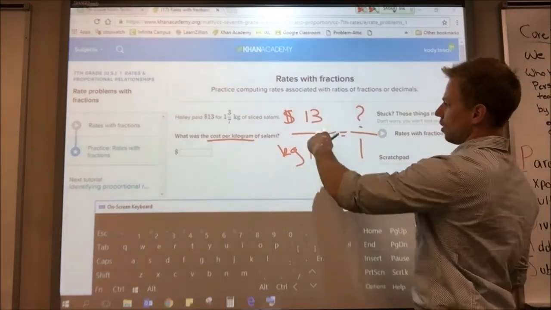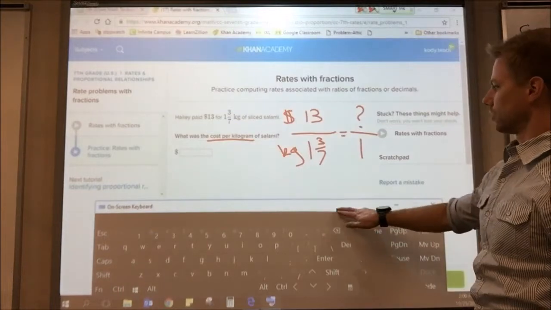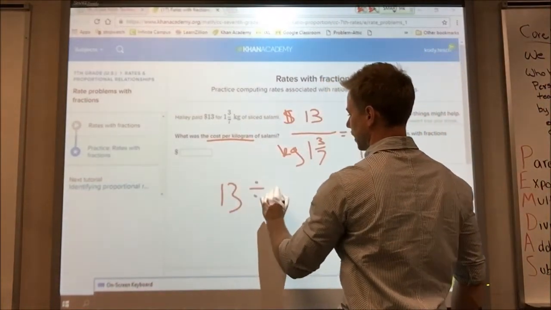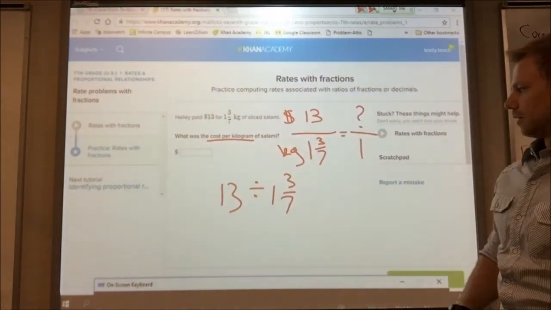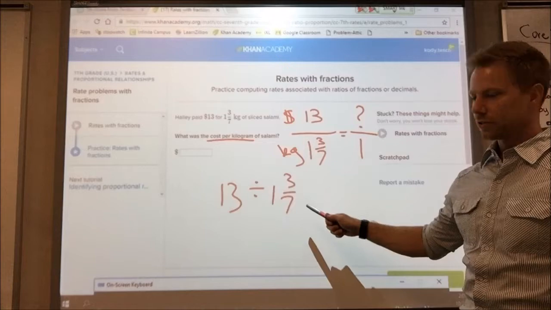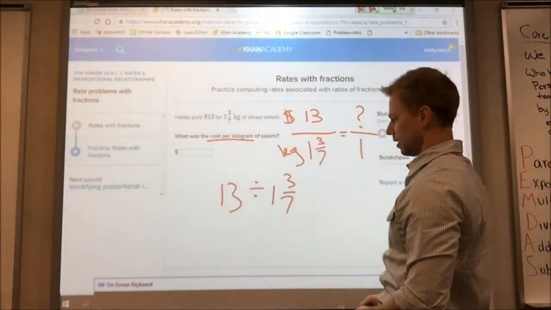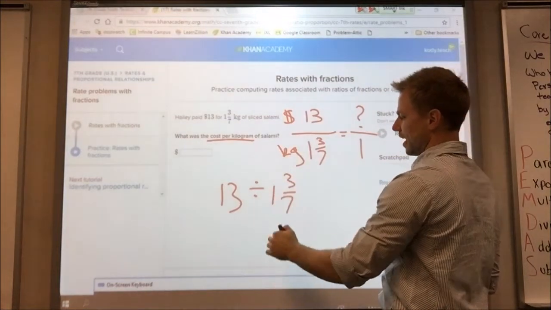All right. To solve this, we're going to divide here. 13 divided by 1 3/7. Okay. We never divide fractions. So first we have to rock around the clock, and then we're going to have to KFC. So 7 times 1 is 7, plus 3 is 10.